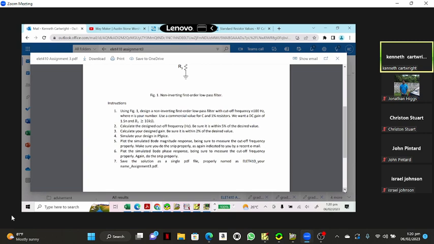We went over today how to do that. Do the same for the phase response, and measure the cutoff frequency properly. So this assignment is very much like what we just did. Any questions or concerns?